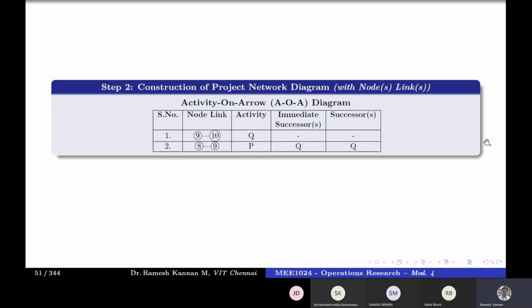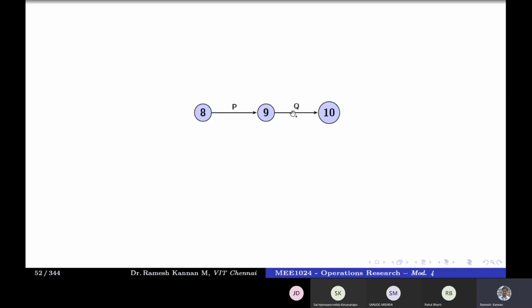If you consider towards the right, then Q is a predecessor, whereas in this case it's just a successor. So we'll be constructing P to the left of Q. So it will be like this. So we have constructed it.